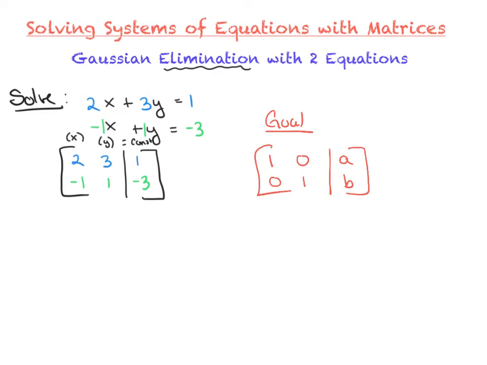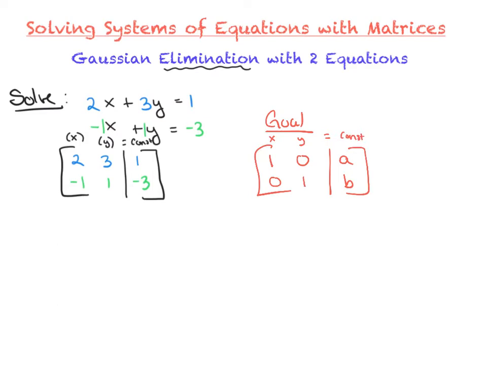Now, remember what I said, the first column of coefficients goes with the x's, and the second column goes with the y's. The bar corresponds to the equal sign, and the A and the B on the other side correspond to our constants.